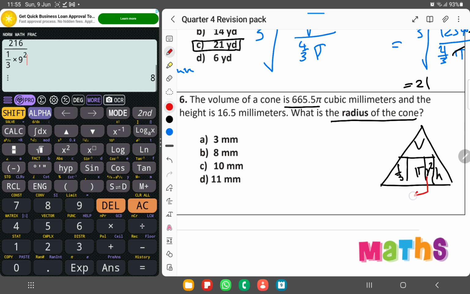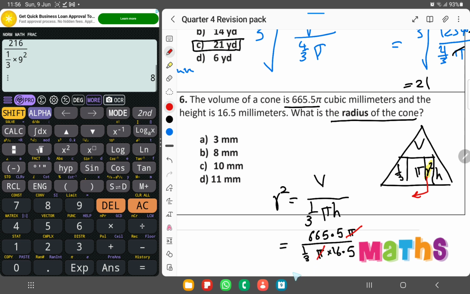If I want to find the radius, we use a pencil to highlight what we want, and then you find radius squared equals volume over 1 over 3 pi h. What is the volume now? 665.5 pi over 1 over 3 pi h, and the h is 16.5. So times 16.5. What's gonna happen now?